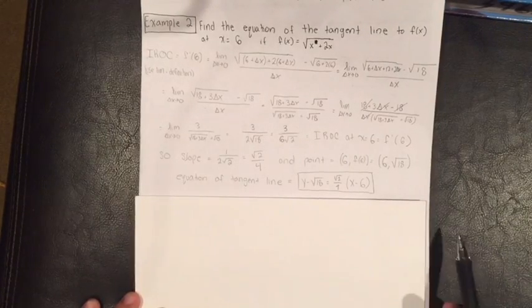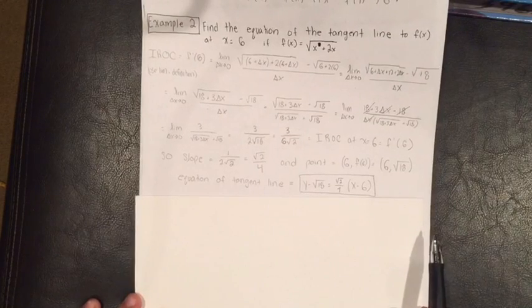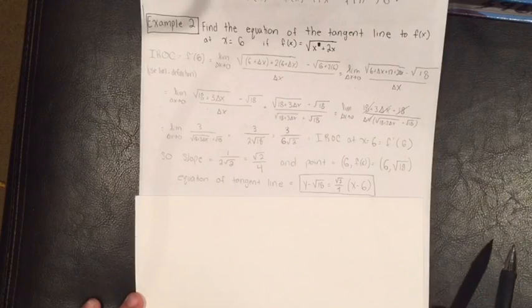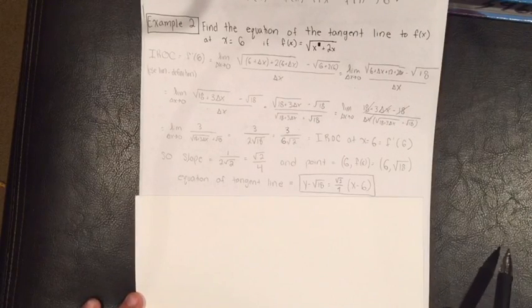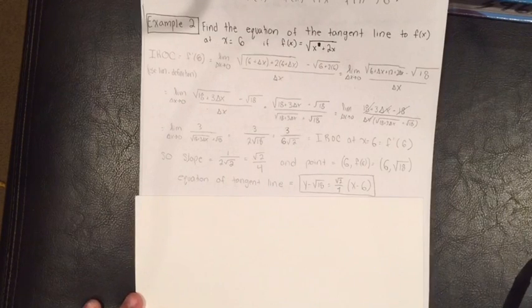By using the limit definition, we can find that the limit as delta x goes to 0 equals the square root of 6 plus delta x plus 2 times 6 plus delta x minus the square root of 6 plus 2 times 6, all over delta x.